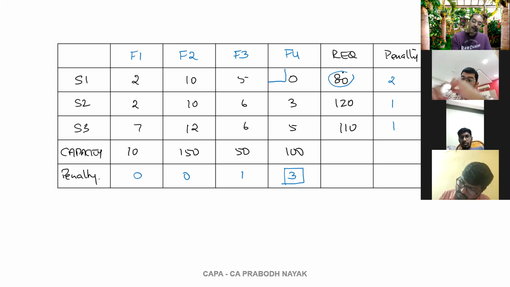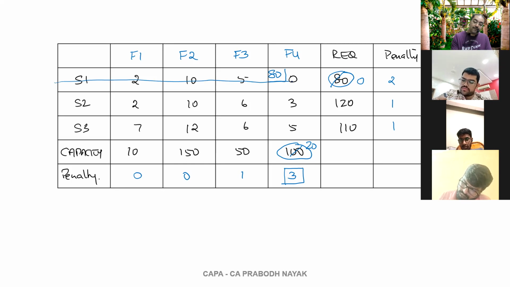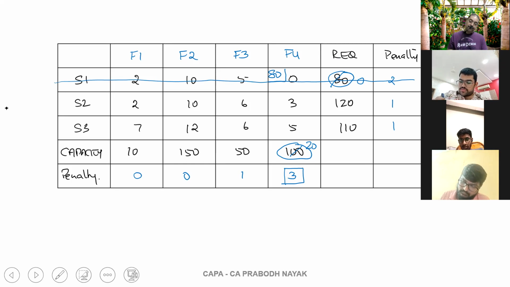So requirement is 80. Capacity is 100. So 80 will come. 80 minus 80 is 0. 100 minus 80 is 20. Row will get cancelled. Copy down the remaining: F1, F2, F3, F4, S2 and S3.